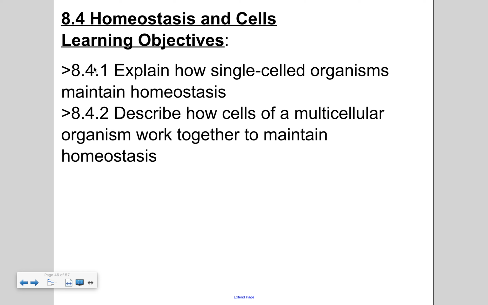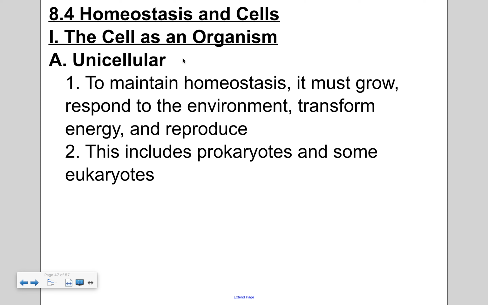So it's the final section of chapter 8, and all I want to talk about is how do single cells, organisms, one-celled creatures maintain homeostasis, and how do multicellular organisms maintain homeostasis. So for unicellular, there's actually 4 ways that a single-celled organism can maintain homeostasis. Grow, respond to their environment, transform energy, and reproduce.